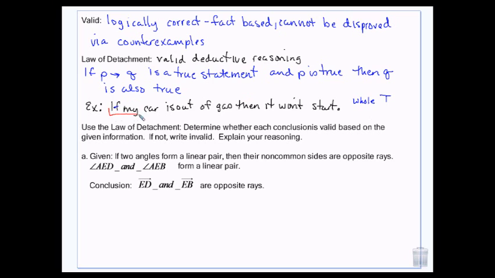Now let's say my car is out of gas. It's true. Let's just say I didn't put gas in my car, so it is out of gas. That part is true. Because this first part is true, it makes this part true. If my car was not out of gas, and this would be false, then Q would also be false. So the statement in itself is true. If your car is out of gas, you won't be able to start it.